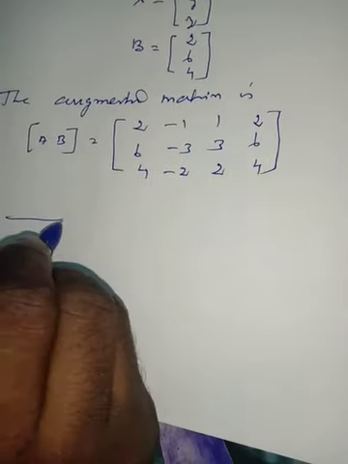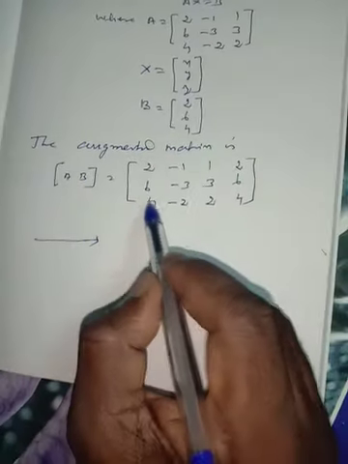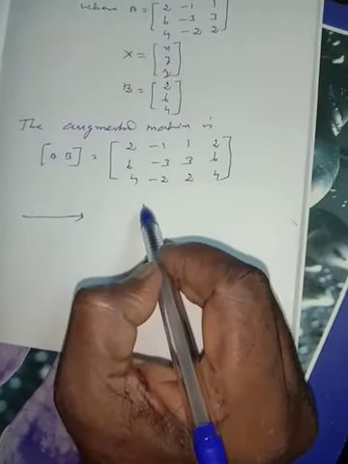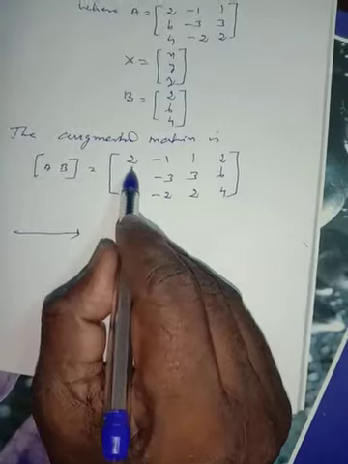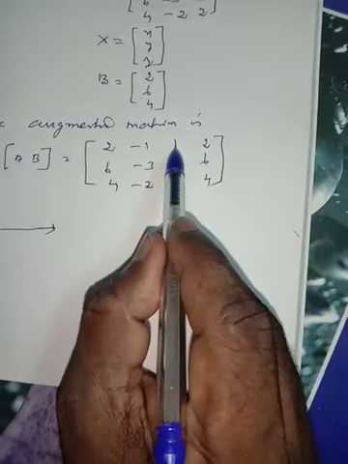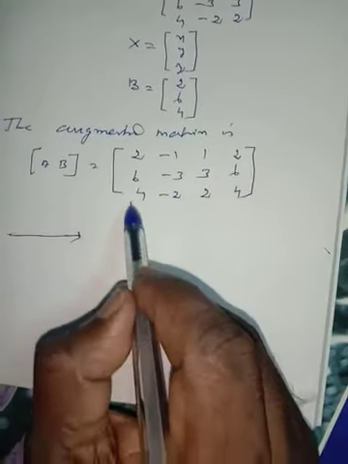First interchange R1 and R2. We cannot get the result. Why? Here 2, minus 1, 1, 2, but here 3, here 4.